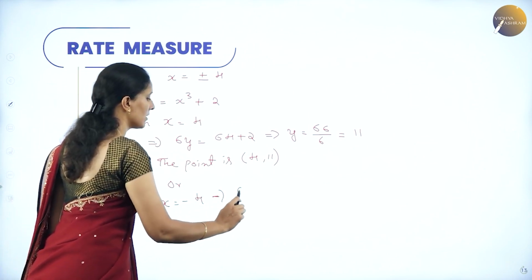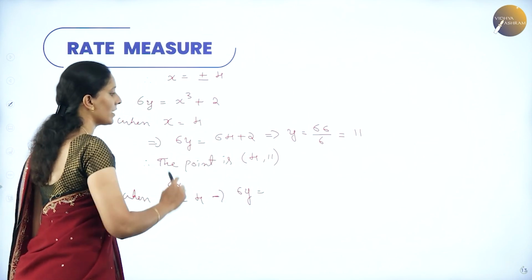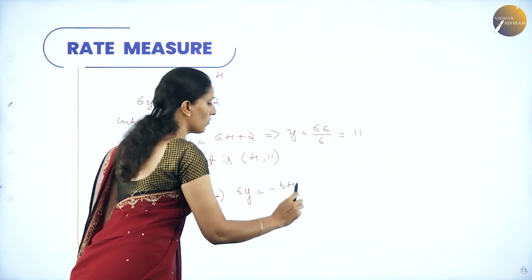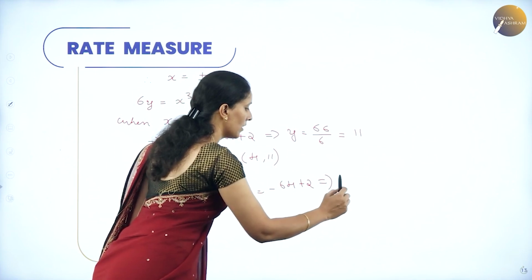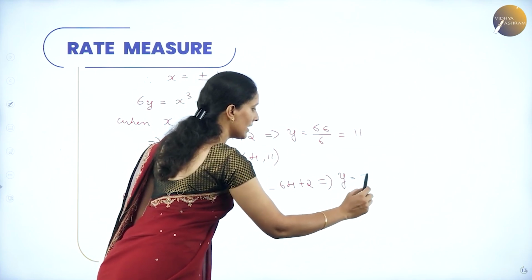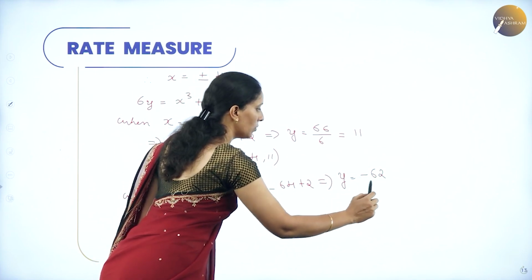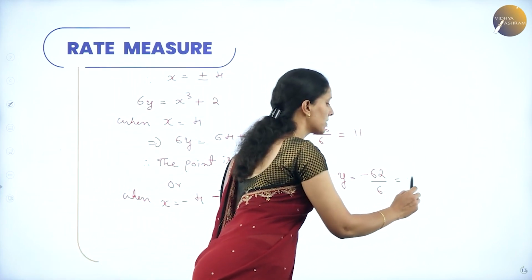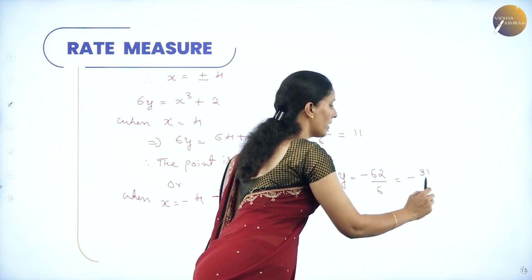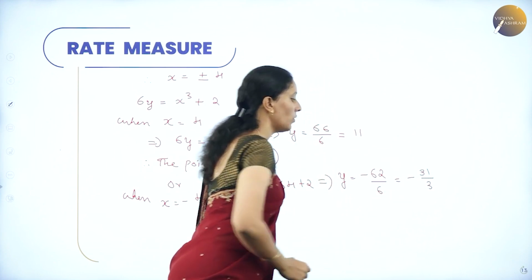Or when x is equal to minus 4. So what happens? 6y is equal to minus 64 plus 2. So this implies y is equal to minus 62 divided by 6. So when you divide it, it becomes minus 31 by 3.